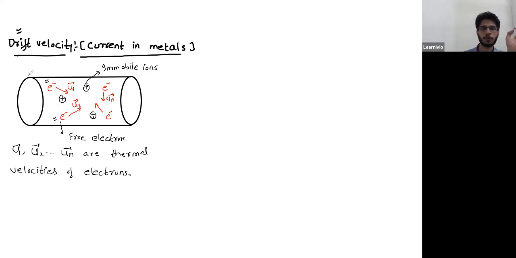That means from end 1 to end 2 of the conductor, there is no net movement of charge. No net movement means if one electron moves from end 1 to end 2, at the same moment another electron will move from 2 to 1. The net movement of the charge is zero, that means net current is zero. It's something like a current of 2 ampere flows in this direction. At the same instant, in the same system, a 2 ampere current flows in the opposite direction. How much is the total current now?